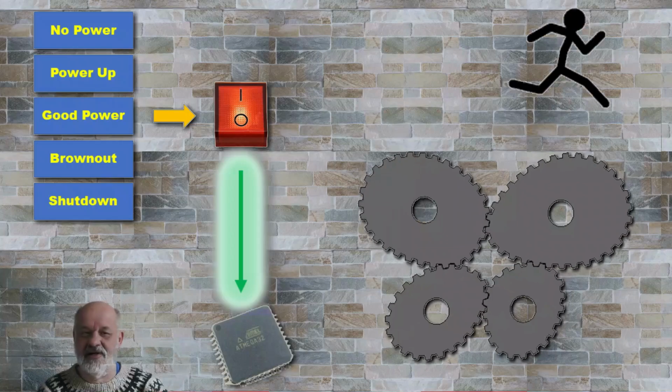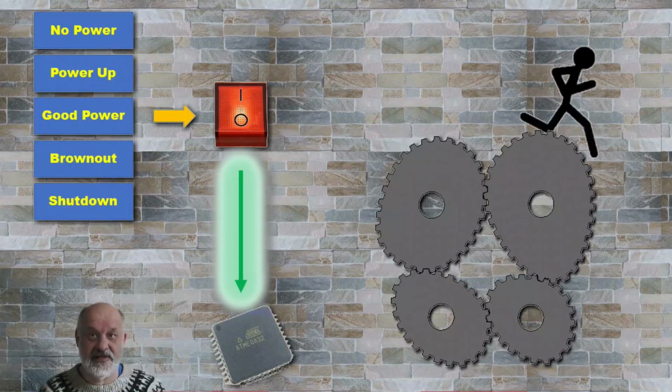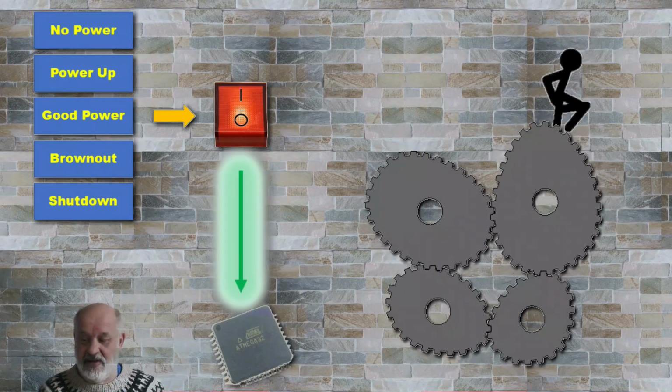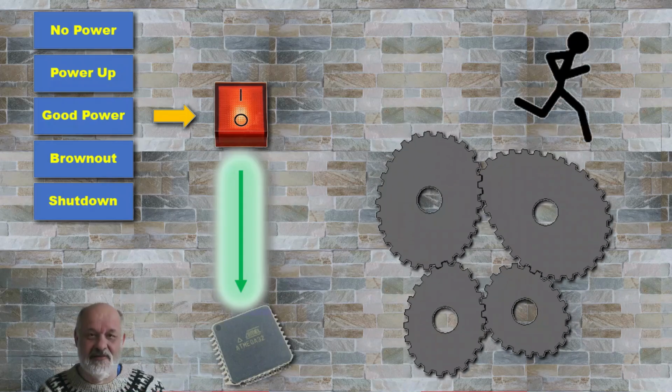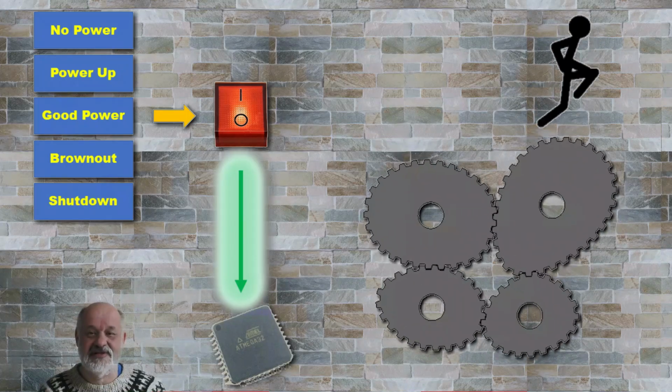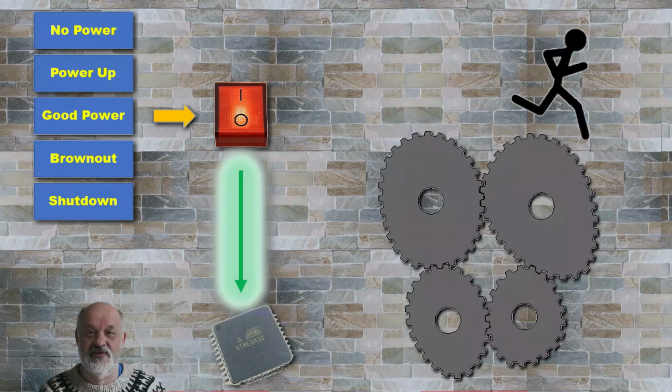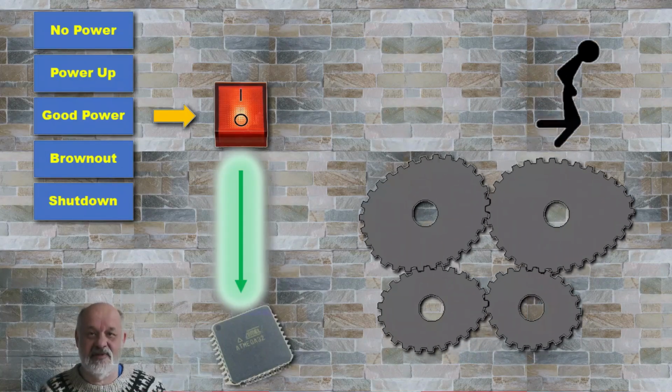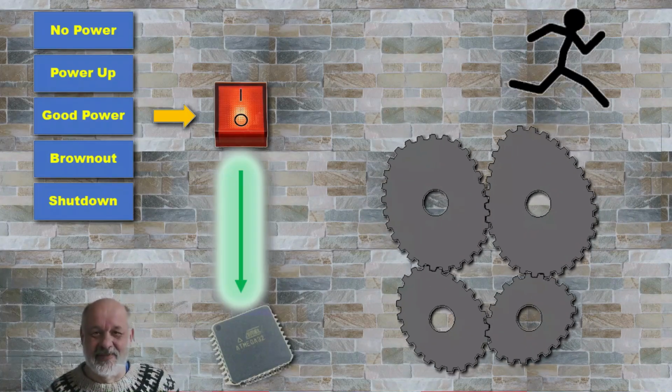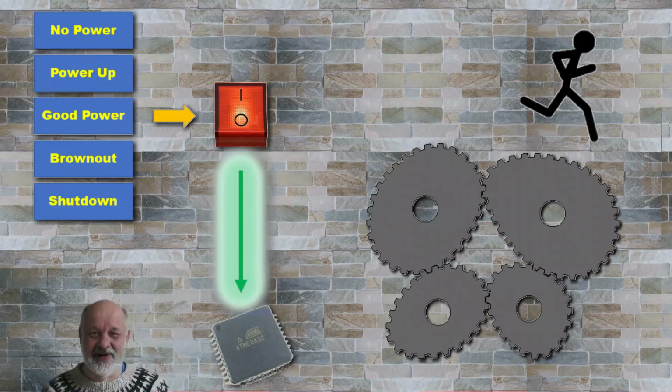Now it's up and running, everything is nice. Well, normally when you program this kind of device, the first time you fire it up, nothing happens. That's the normal program run.